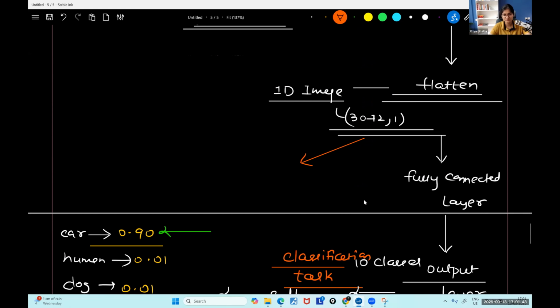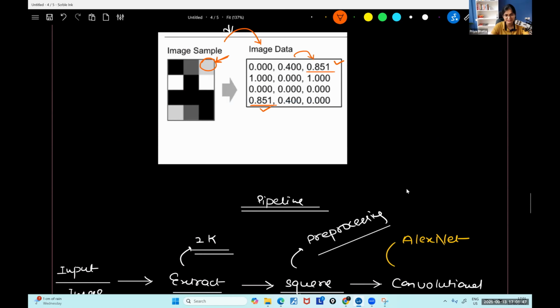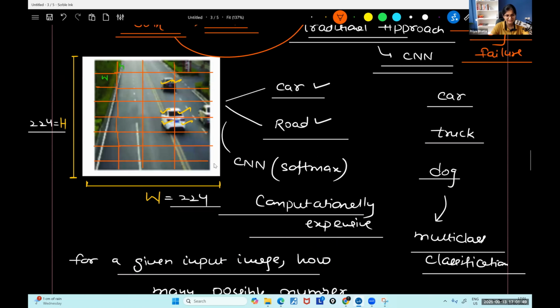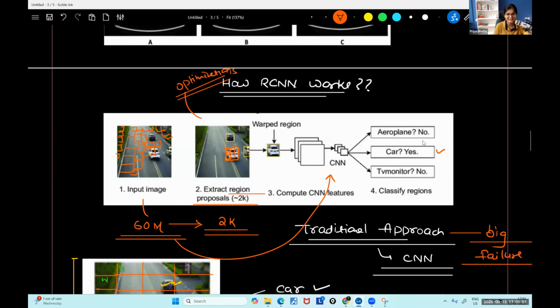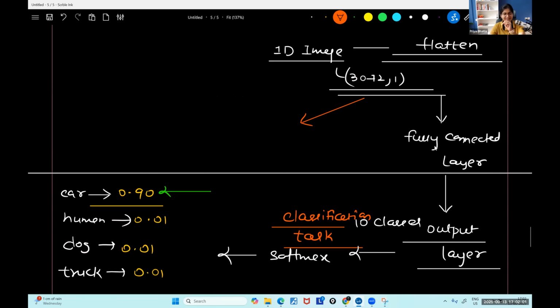The second thing which we have to do in RCNN, apart from doing an image classification task, is, okay, it will be able to classify it as a car. So you can see the CNN layer is there and it is saying that car is yes, providing the maximum probability. Now, apart from this, there is a second thing which we're supposed to do over here. What should that be? Any guesses? Anyone?